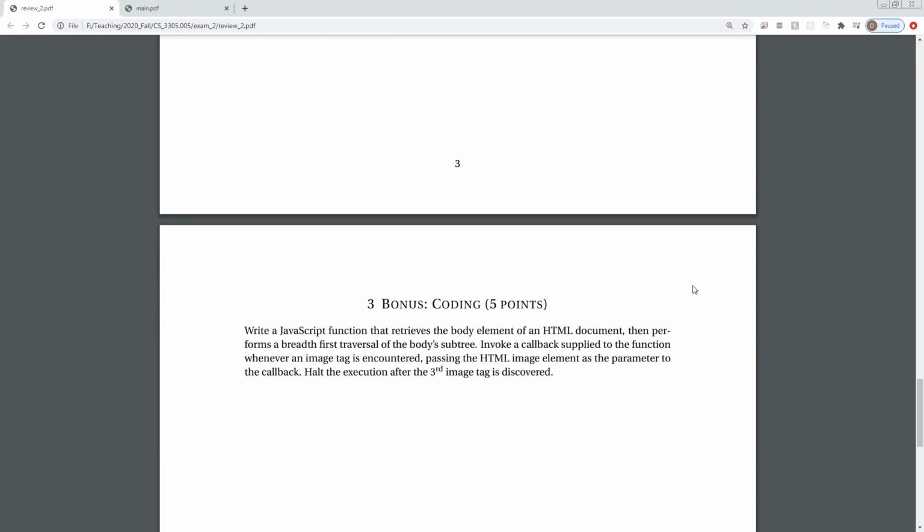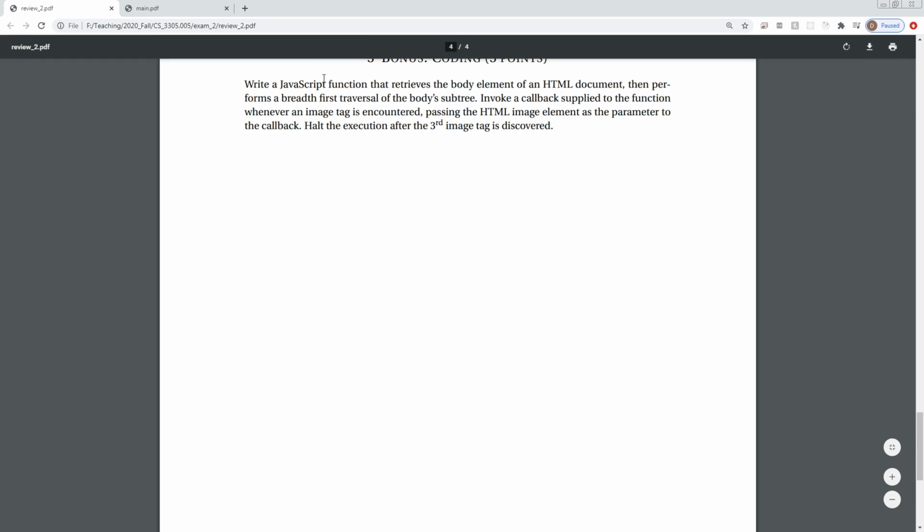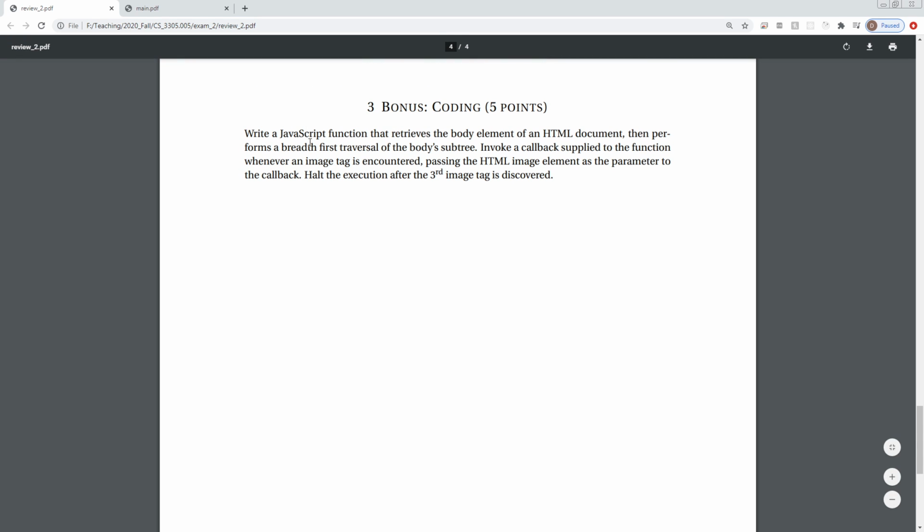Again, I'll post the solutions before the exam actually happens, and then you'll be given a coding problem.